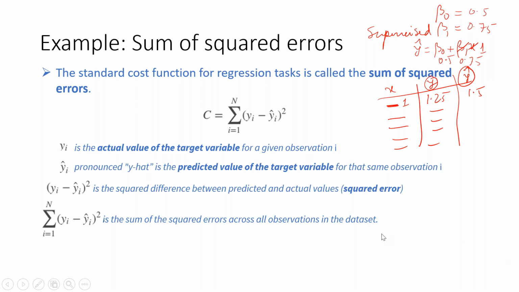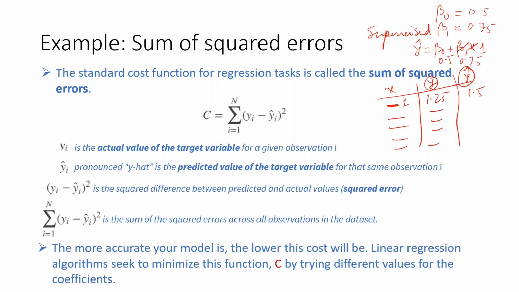That is my sum of squared errors, and that is what I'm calling the cost function. The more accurate your model is, the lower this cost will be. For training, linear regression algorithms seek to minimize this function C by trying different values for the coefficients. That is what the algorithm does internally.